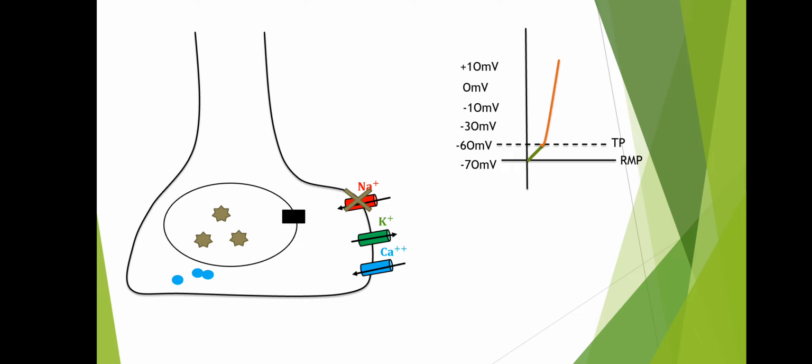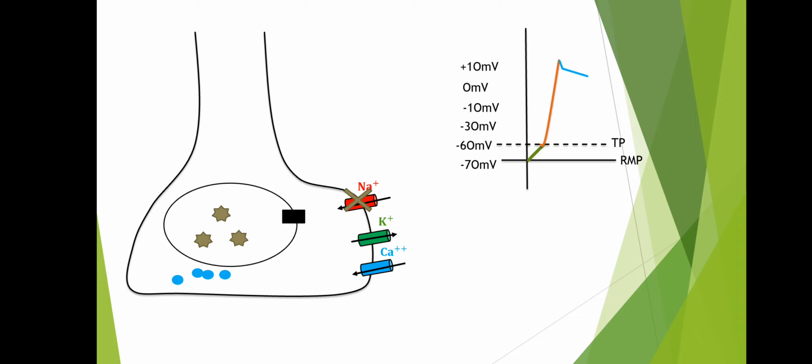We are showing the influx of calcium ion because there is a role of calcium ion. I am not showing the outflux of potassium ion. Potassium ion is also moving outside, but I am not showing it here. So for this reason a plateau is attained.